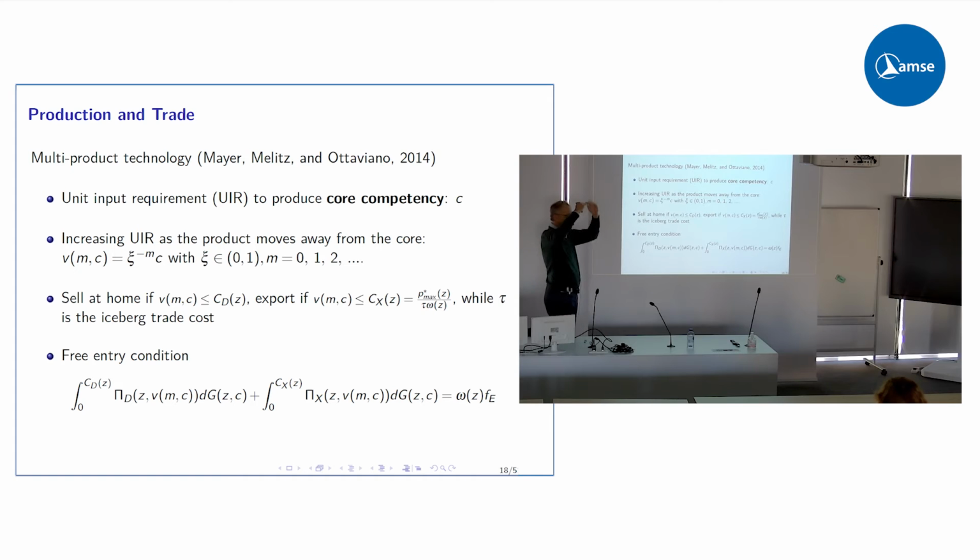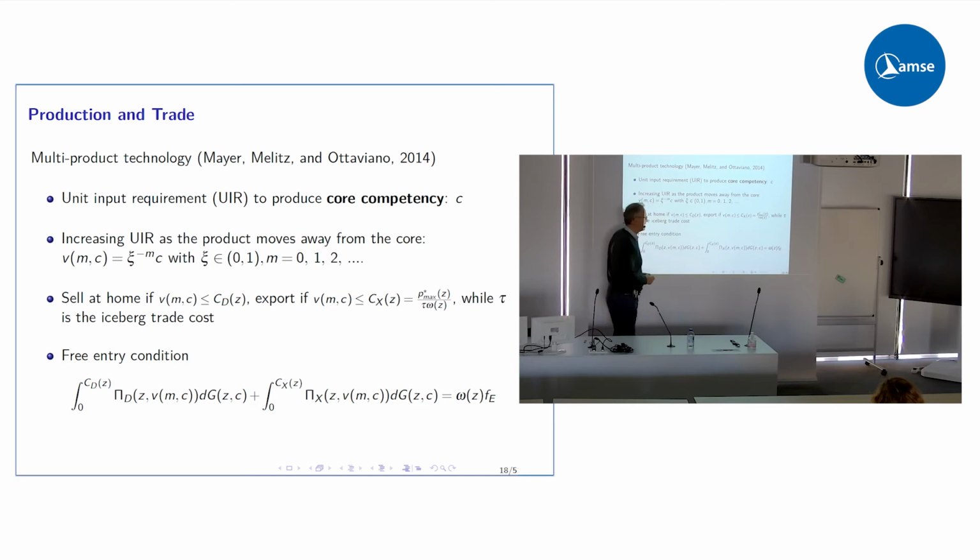So at some point, if it is very costly for me to produce, I will not be able to price below this P max. And so if there is an upper bound for the price that is feasible, it means that there is going to be an upper bound for the marginal cost that is feasible, and this is what the CD is: this upper bound for the unit input requirement in the domestic market.